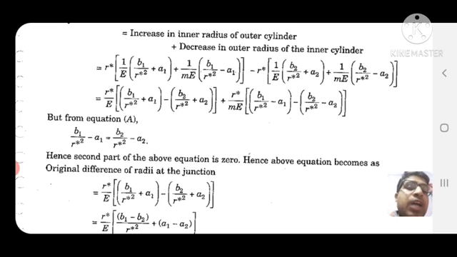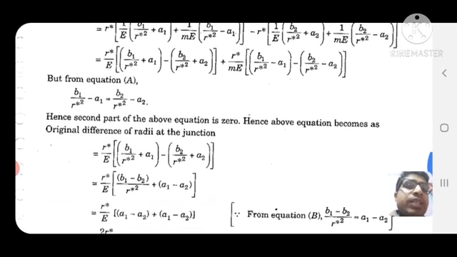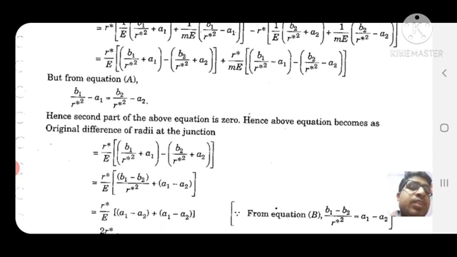So therefore r star by capital E (b1 by r star square plus a1 minus b2 by r star square plus a2) plus r star by m (b1 by r star square minus a1 minus b2 by r star square minus a2).